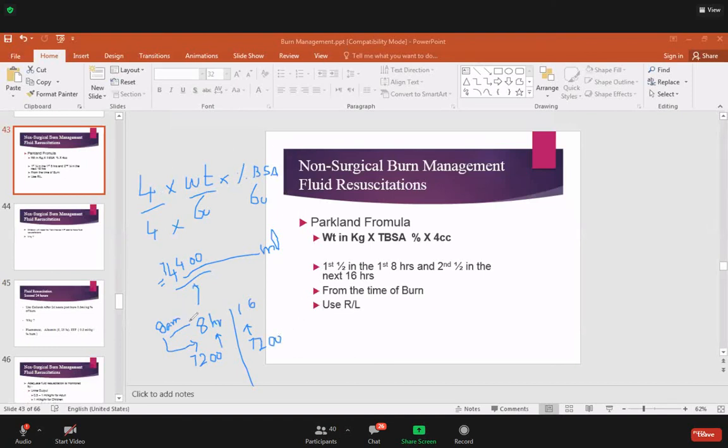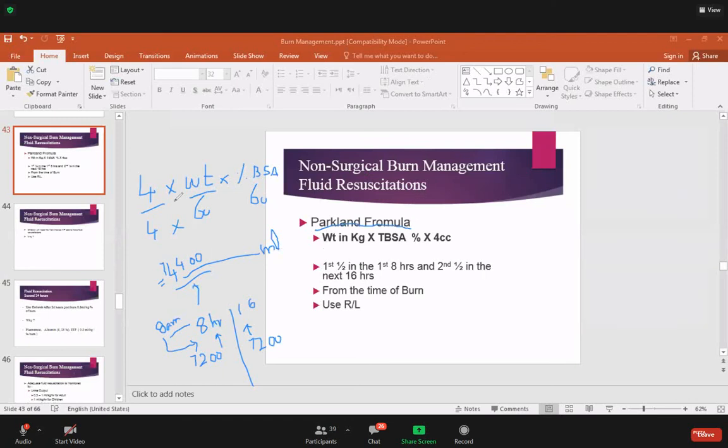This is for the normal fluid replacement of a burnt patient. This is called the Parkland formula: 4 into weight into body surface area burnt. Now you understand it? Yes, doctor.